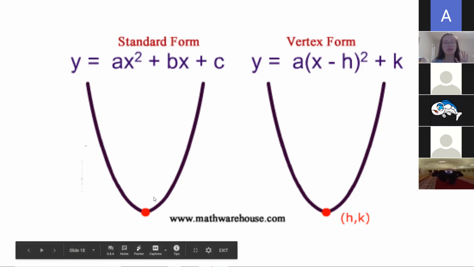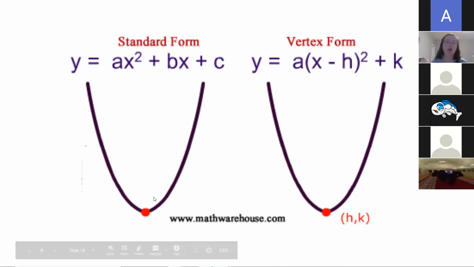Which one makes it more obvious? It would be the vertex form, right? Because for the vertex form, you don't even need to do any calculations or graph it, because it's just there in the form itself.